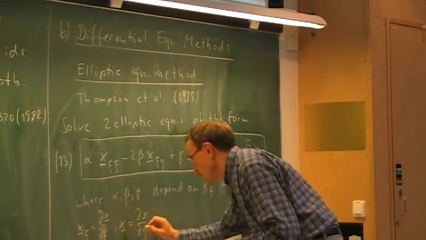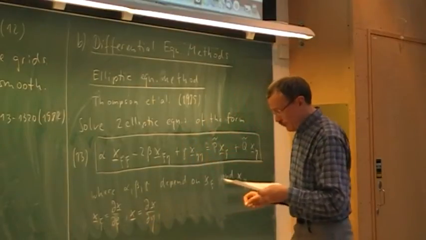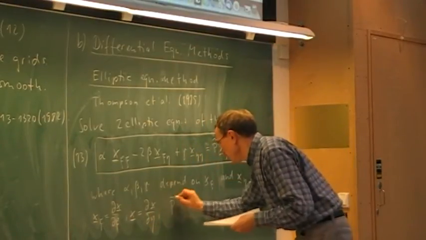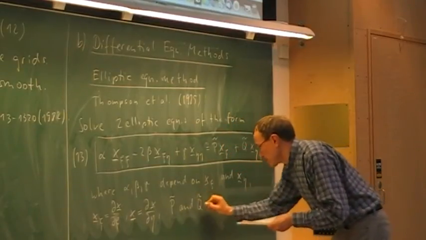So that is the notation here, and so on. And the p tilde and the q tilde are control terms.